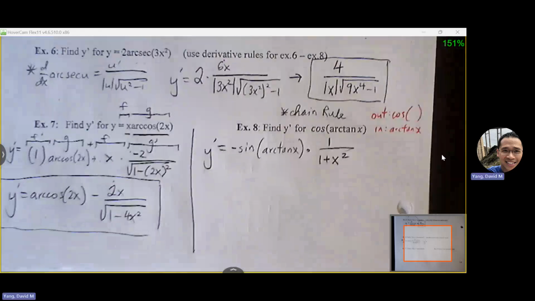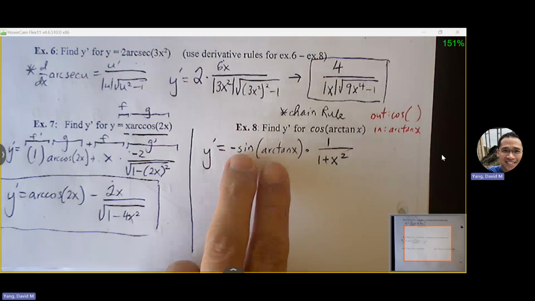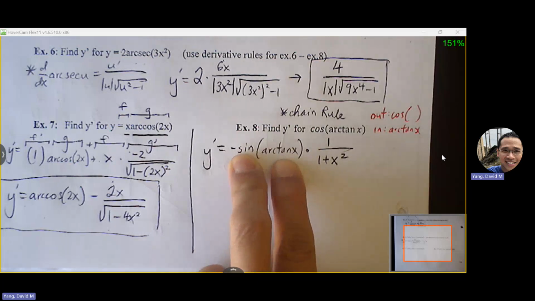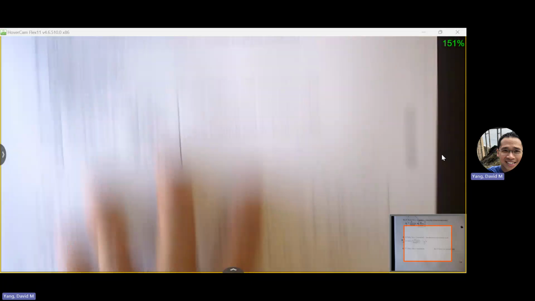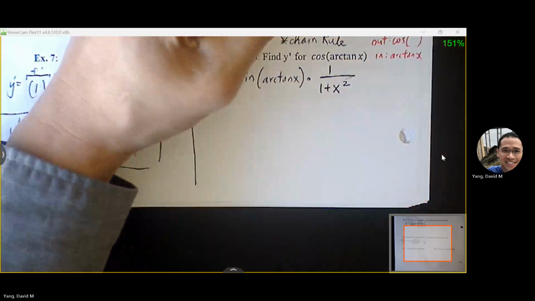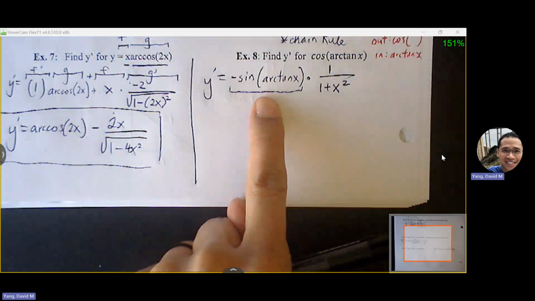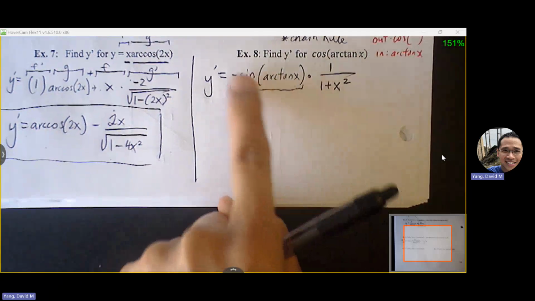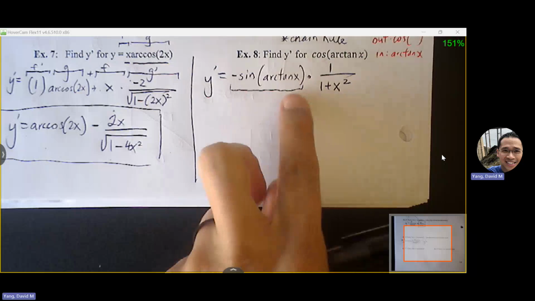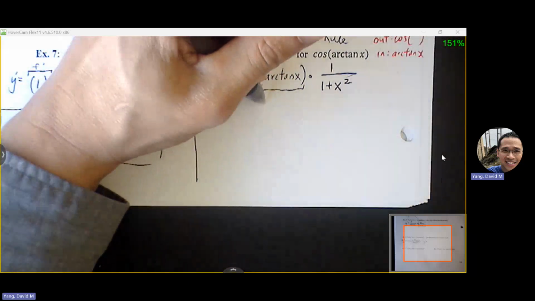Now we can go a little further with cleanup, in the sense that whenever we have a trig with the inverse trig inside, we should be able to go through this process and get it in terms of just x. So we're going to step to the side and deal with that process here, get this in terms of x, and then we can merge that together. So arctangent of x, we know that is representing theta there. So I'm going to create a triangle.